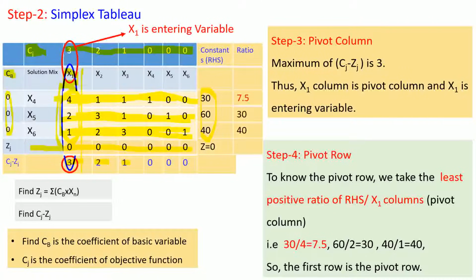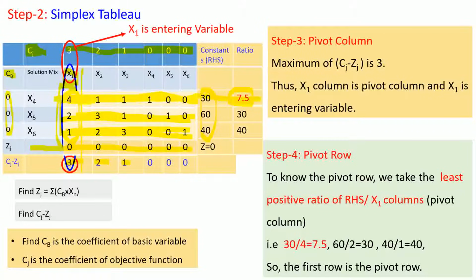Look, 30 divided by 4 is 7.5. 60 divided by 2 is 30. 40 divided by 1 is 40. Among these ratios, 7.5 is the least positive ratio. So the first row is the pivot row.